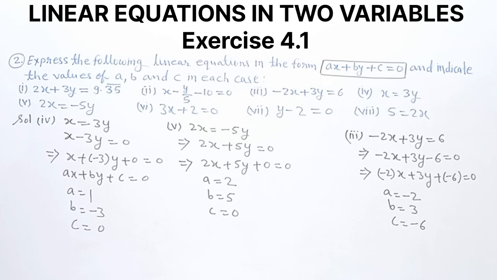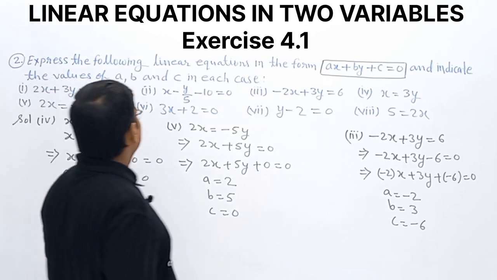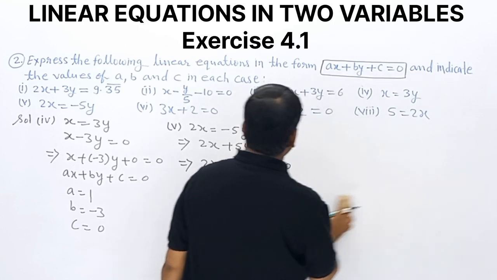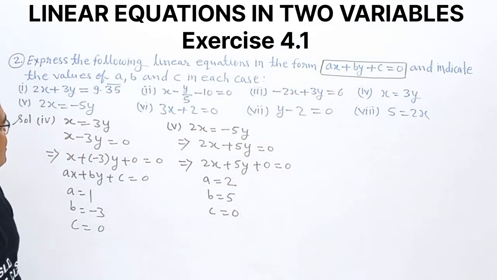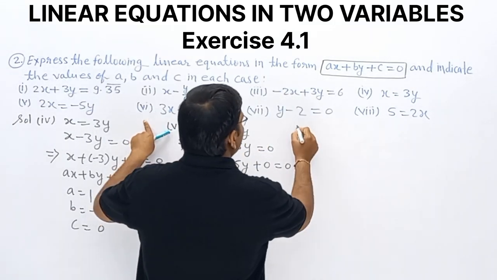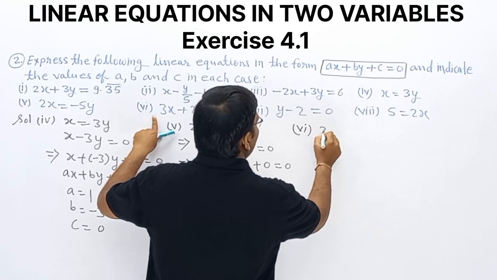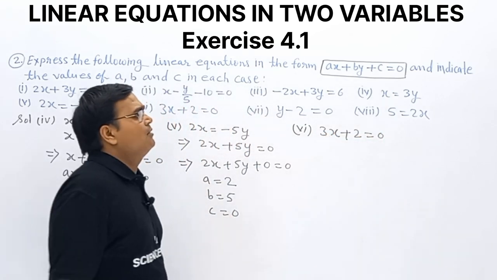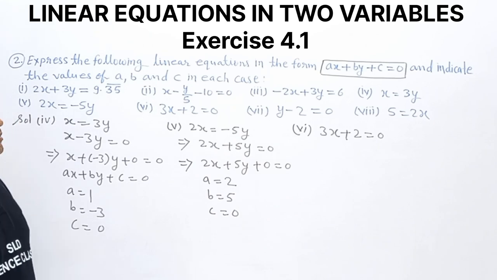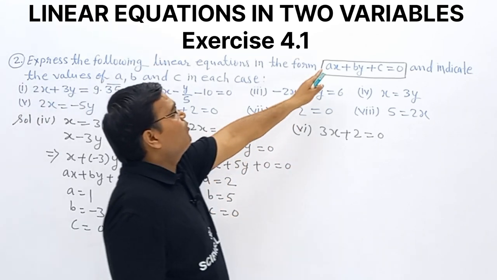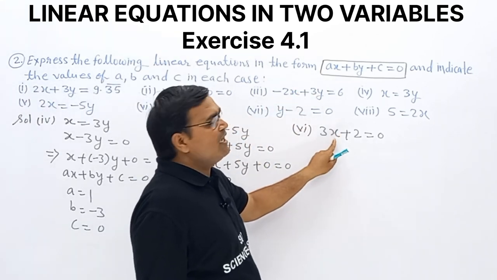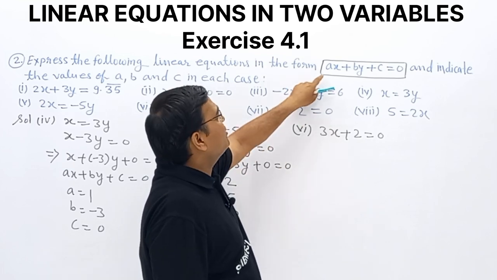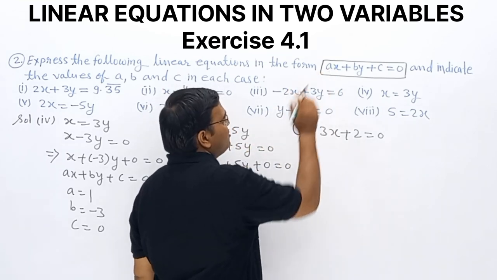Now next, question number 6. This one, 3x plus 2 equal to 0. It is a one variable equation, only the x variable, not a two variable equation, but we want to express it in this form. So how will we express it?